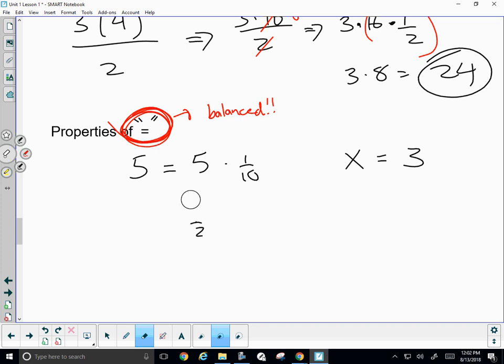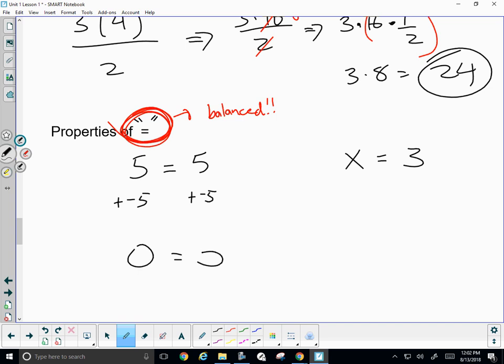Now, two things that are really important, and sorry for writing all this stuff down, is removal of something. If I want 5 to go away, watch what I can do. I can add the opposite. Always add the opposite, and 5 plus a negative 5, or 5 minus 5, is 0. So if I ever want to get rid of a 5 or make it a 0, I can add the opposite. Boom, I have 0 equals 0.